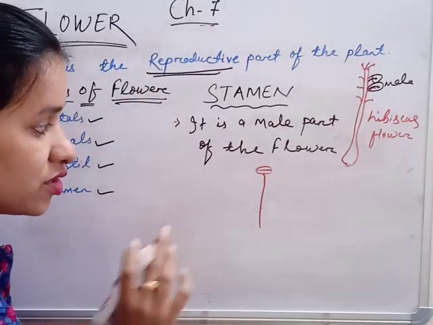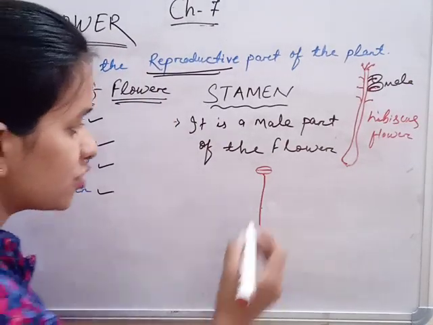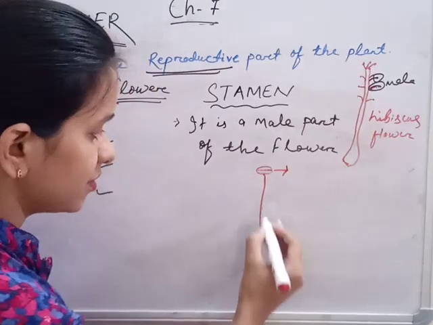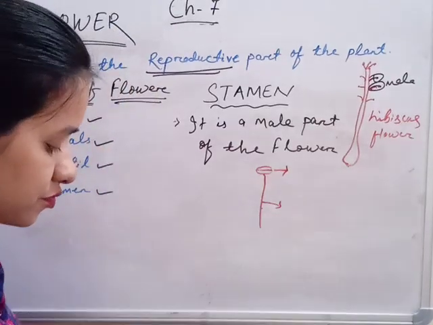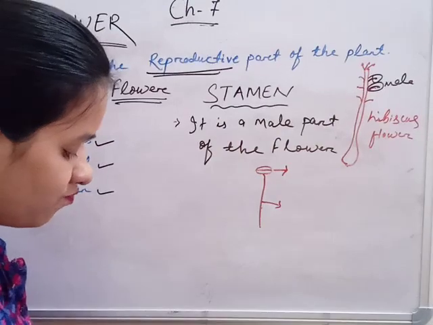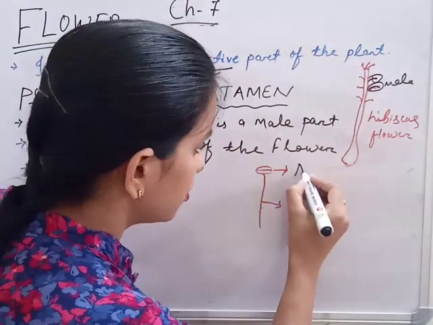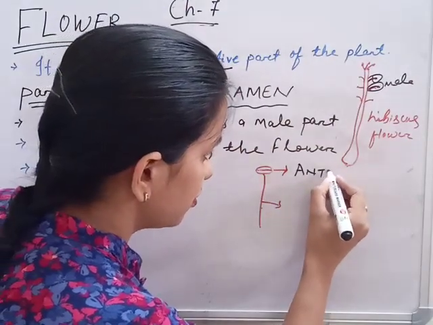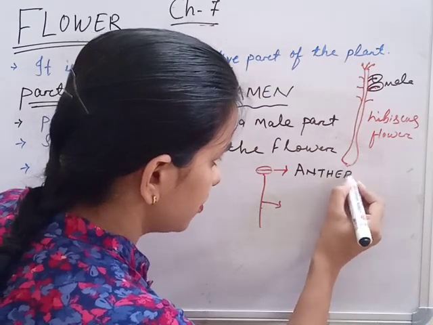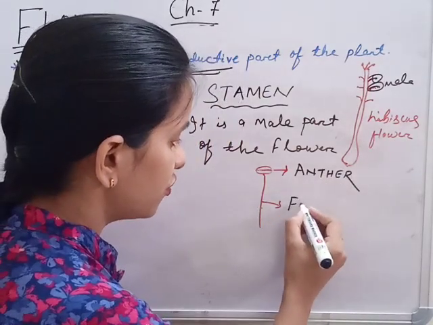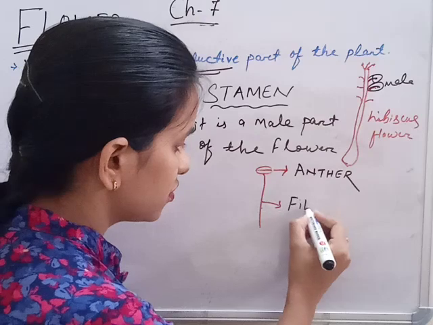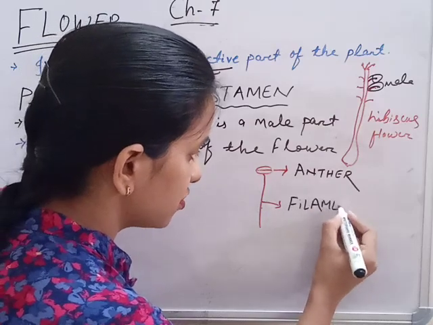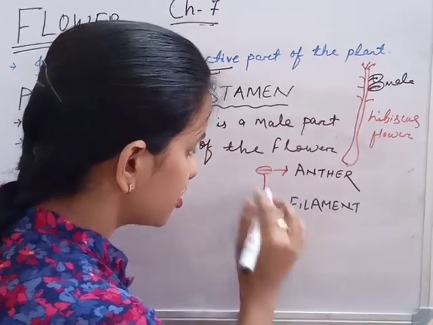So this is your stamen part. It has two parts again. This part is called the anther, and this is called your filament, because it is a thread-like structure.